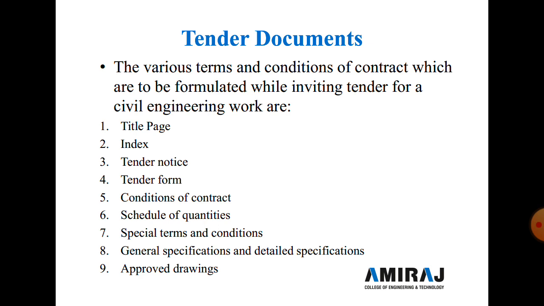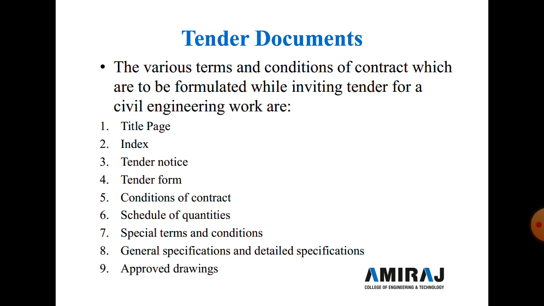Now fifth one is the conditions of contract. This document contains various conditions of contract, and these conditions are binding on the parties who fill up the tender into a contract. Now sixth one is the schedule of quantities.